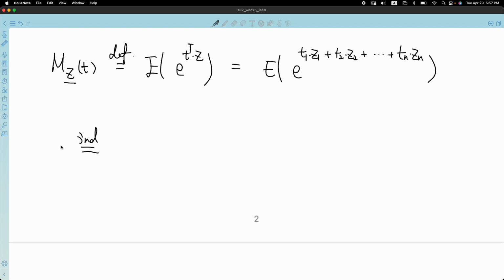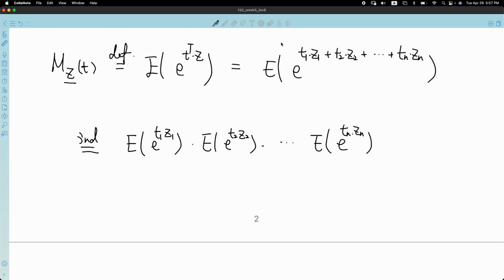Because they are independent, and coming from the product property in the scalar version, you have the expectation of e to the t1 z1, now all scalar, times the expectation of e to the t2 z2, all the way to the expectation of e to the tn zn.